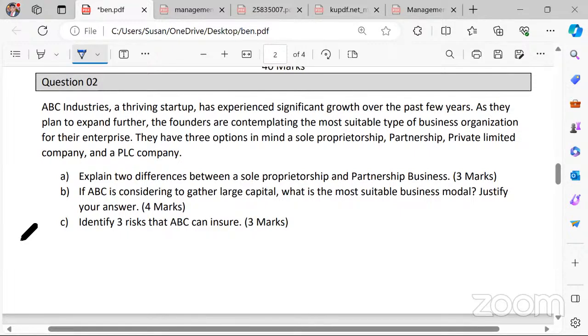In a sole proprietor business, profit is not shared, and in a partnership business, profit is to be shared. There are many differences between these two, and you can list down any three out of these.